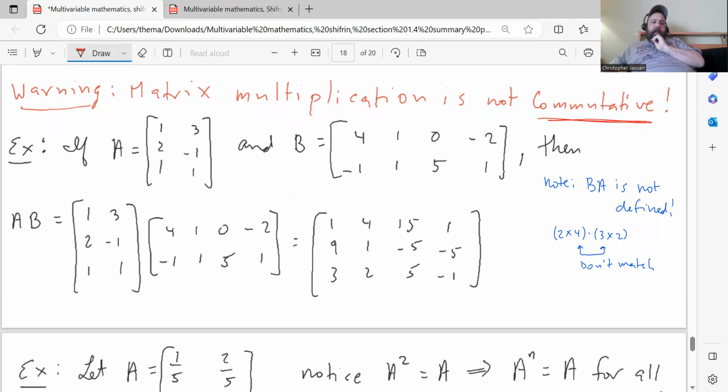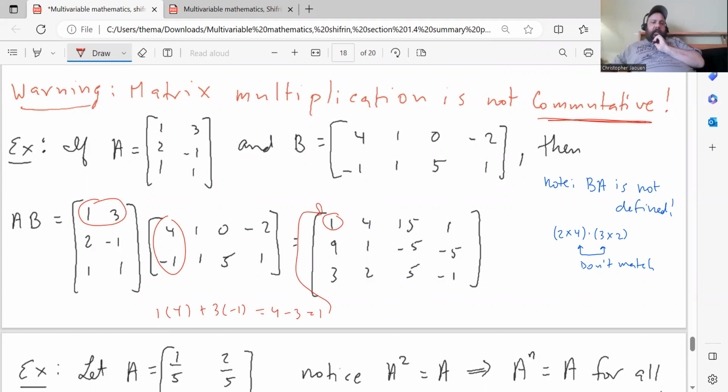To get this entry here, you take the dot product of the first row of A with the first column of B. So you get 1 times 4 plus 3 times -1, which is 4 minus 3, which is 1, and that's where this 1 came from.